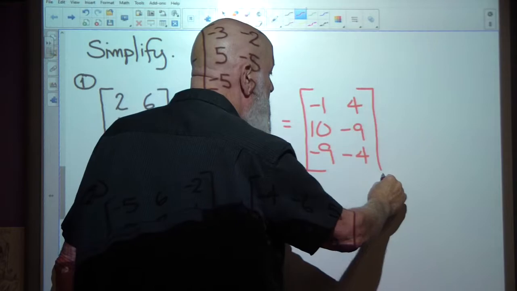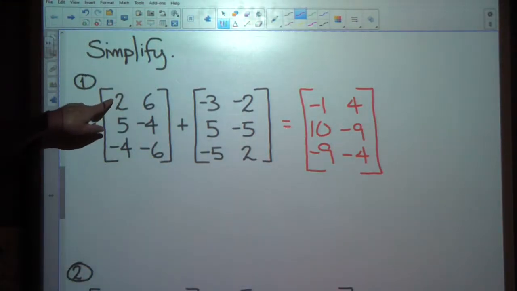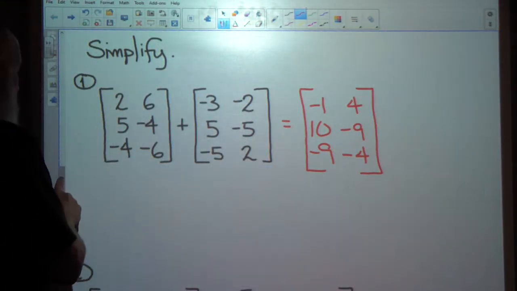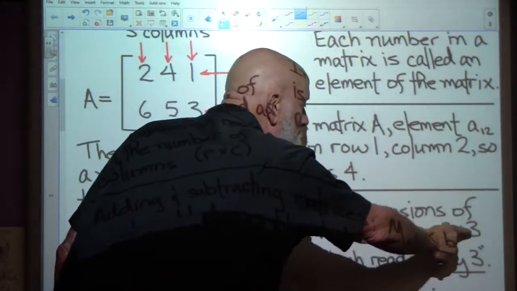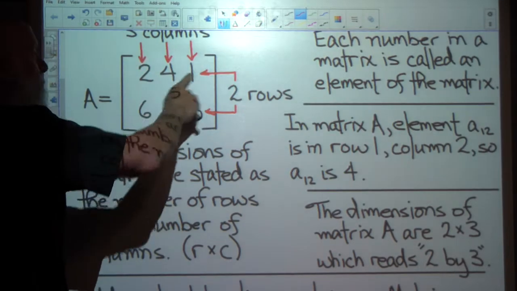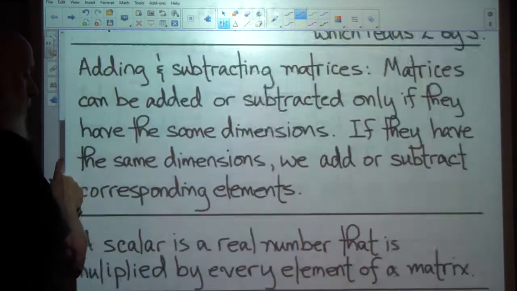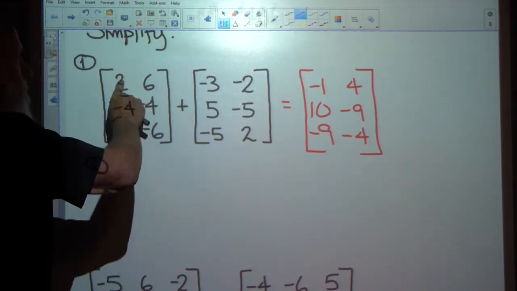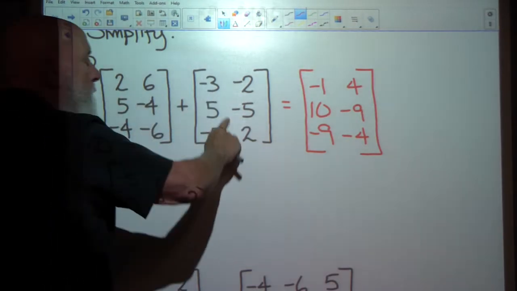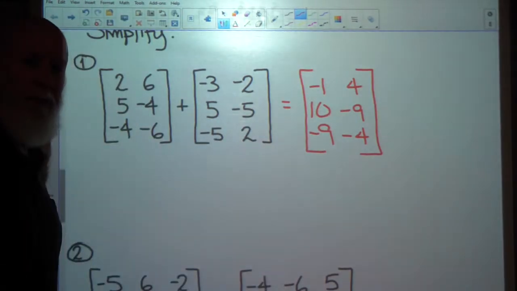We have added these 2 matrices. Now remember, the dimensions are 2 by 3 if they have 2 rows and 3 columns. The dimensions of this are 3 by 2, rows by columns. So if we start with a 3 by 2 and we add a 3 by 2, we're going to get a 3 by 2. Good.